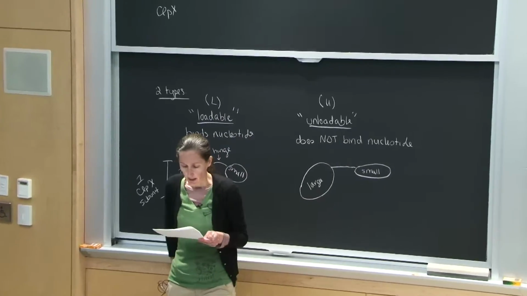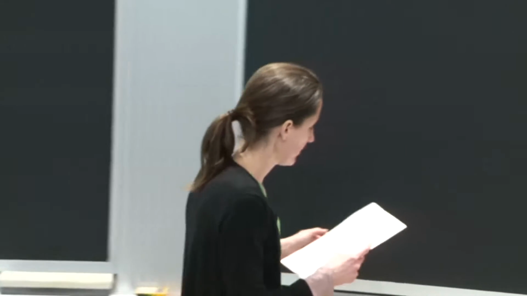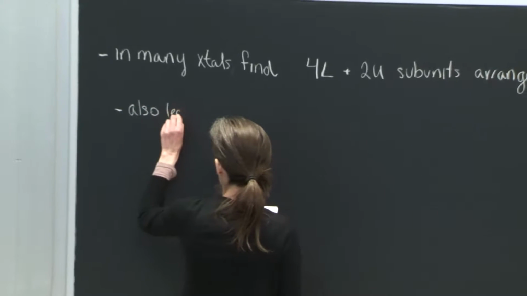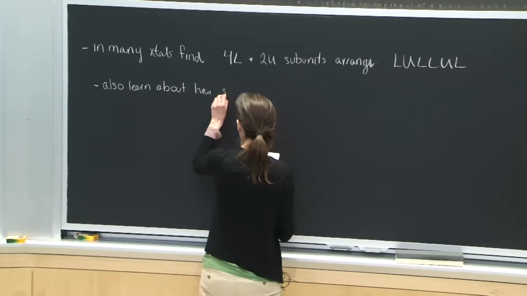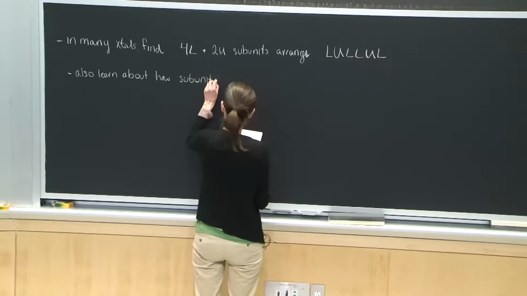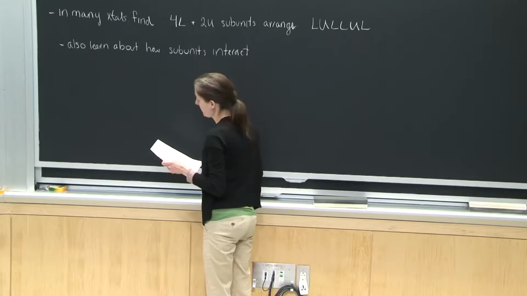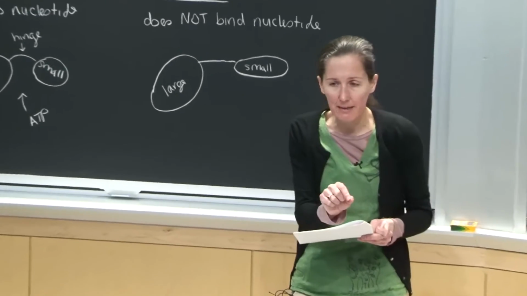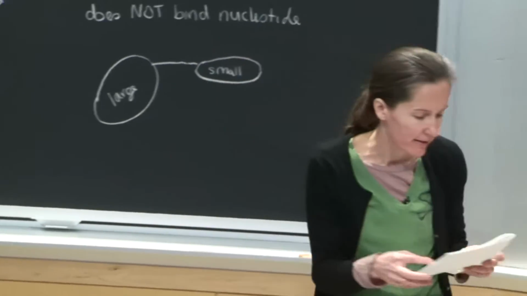And so also from these crystal structures, there's some more observations that we don't see with just these cartoons of the hexamer. So we can learn about how subunits interact, of course, and this is what's shown. If we look at these structures and consider how these subunits interact, what we find is that the small domain of one ClpX subunit interacts with the large domain of the adjacent ClpX subunit.